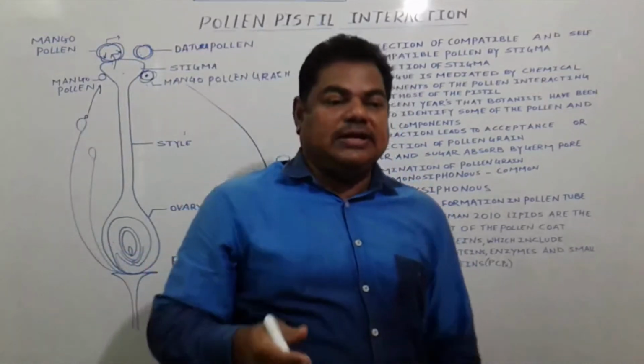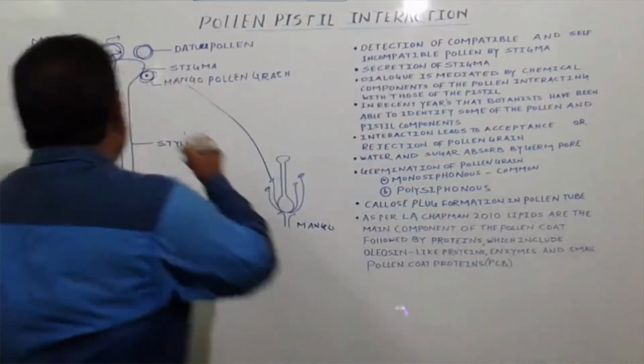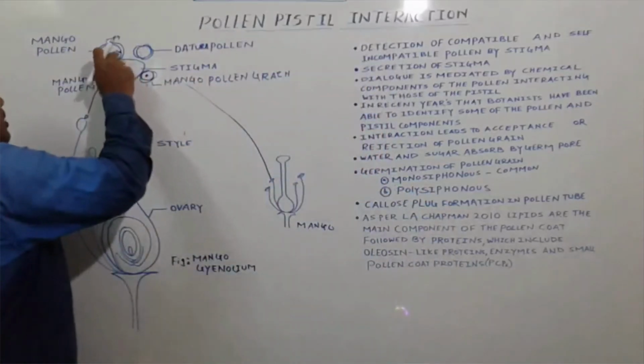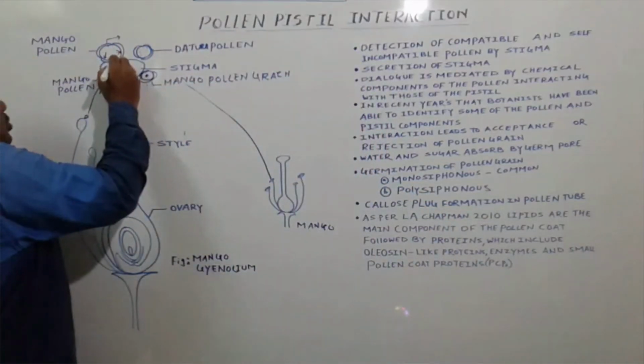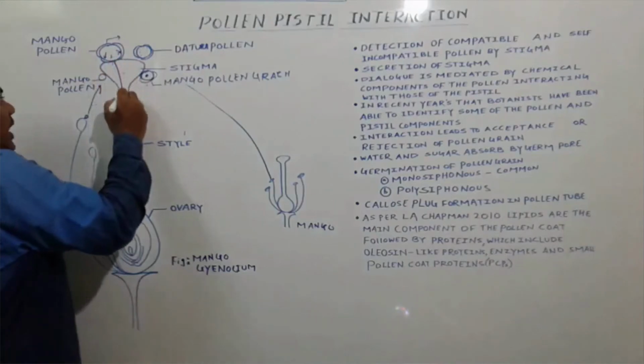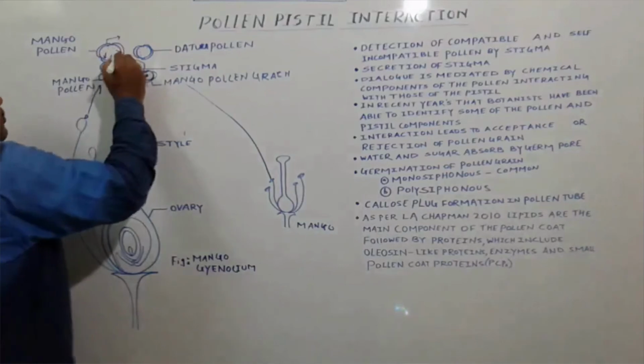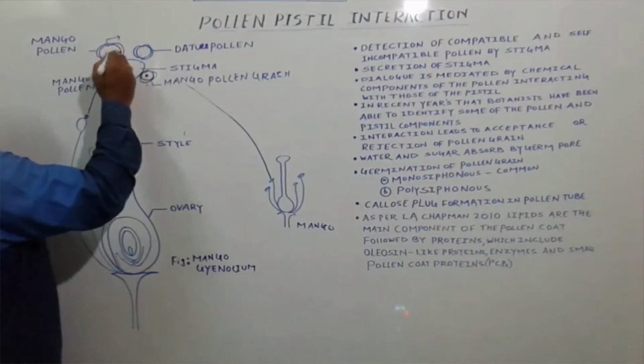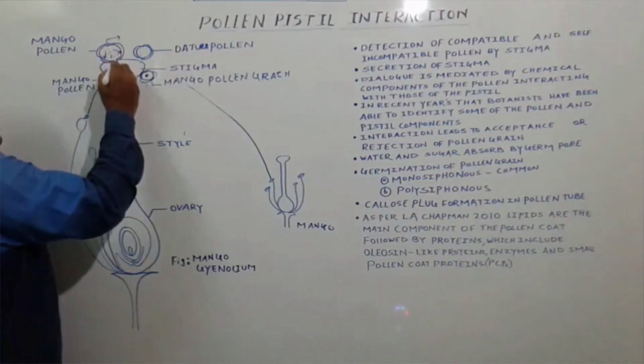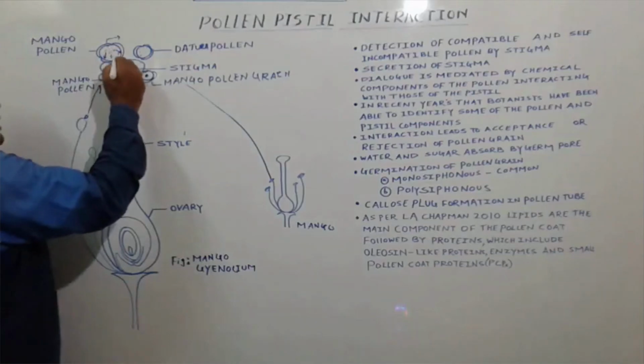That tube we call a pollen tube. What is it? Pollen tube. From this germ pore, the pollen tube emerges like this. In this pollen tube, the cytoplasm and the nucleus flow here.